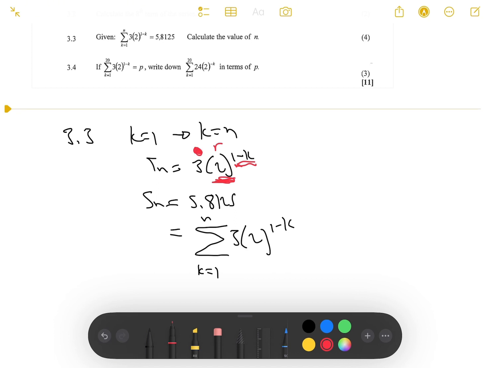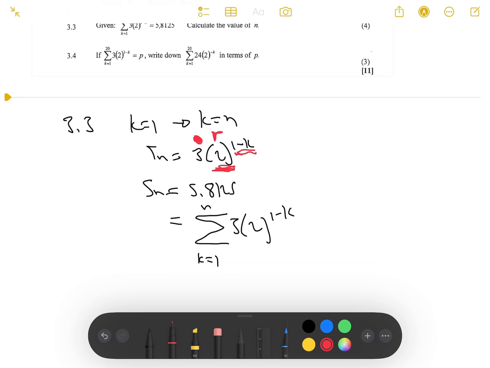As for a, let's leave that one out. But the 2 to the exponent 1 minus k is the r part. So this is basically the same as 2 over 2 to the k, right? You will notice that every time it will give you 2 over 2, and then 2 over 2 squared, and then 2 over 2 cubed. So our ratio basically is half, since we keep on multiplying by half.